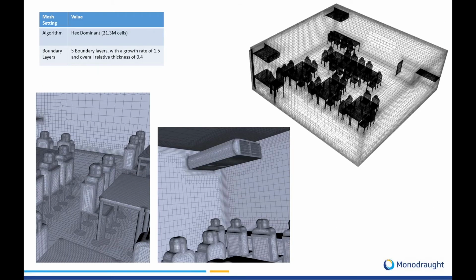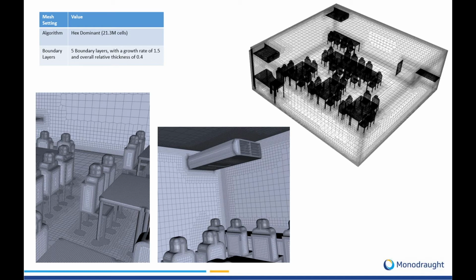So our mesh settings for this, there were no specialist mesh settings required. SimScale was able to facilitate some really easy pre-made mesh settings. We weren't required to use any separate mesher. It was just the standard algorithm, the snappy hex mesh. So what you see in front of you is the result of this.